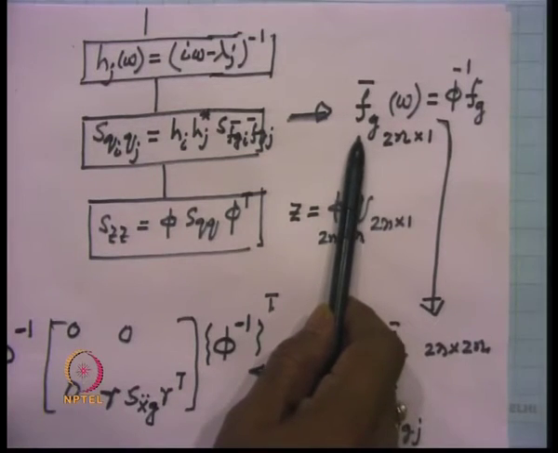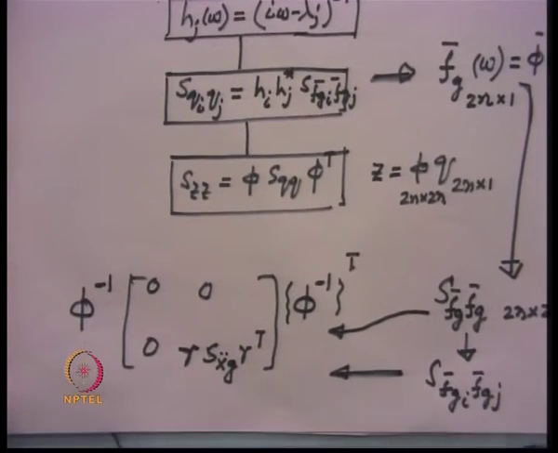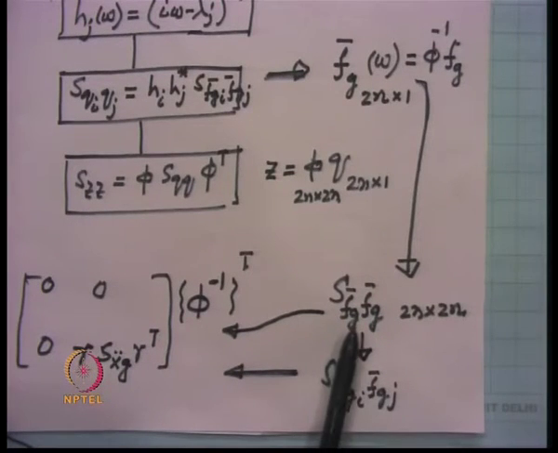Say f bar G is equal to phi inverse f G, and S f bar G matrix would be given by phi inverse 0 0 0 R x double dot G R T. And how to obtain S x double dot G for a multi support excitation that I have described before, in which you have the cross correlation function terms rho 1, rho 2, etc. And from this one can choose this f bar G will be a 2n by 2n matrix, and from this matrix one can choose any cross power spectral density function term between two generalized load f bar Gi and f bar Gj.